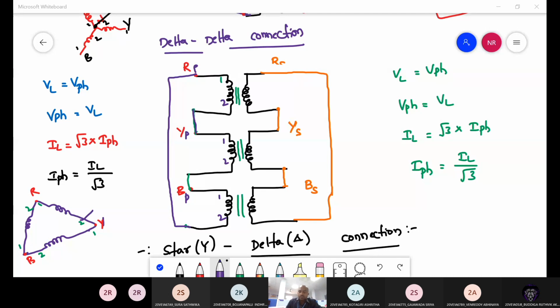One end is connected to another end. So this is delta connection. Same thing happens in the secondary side also.